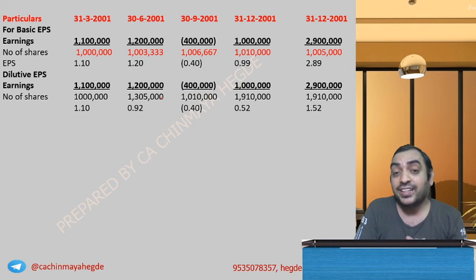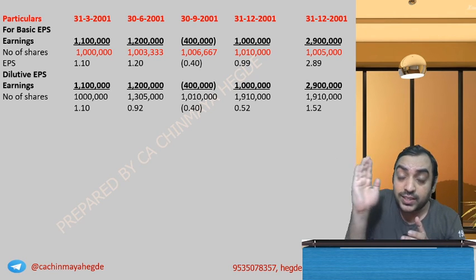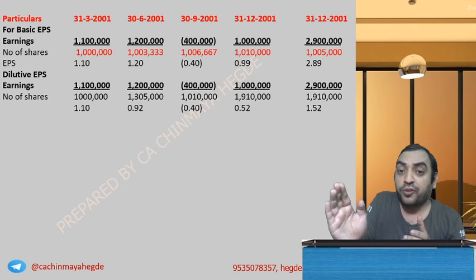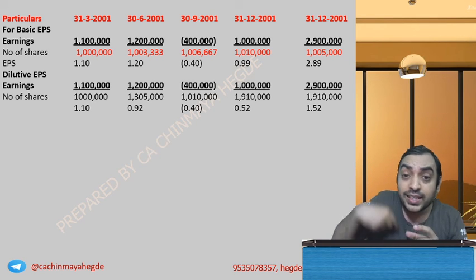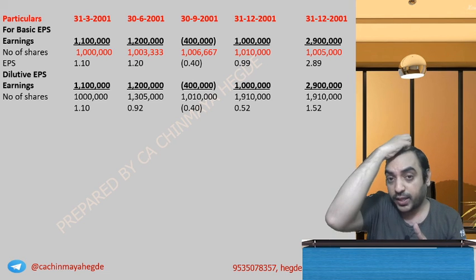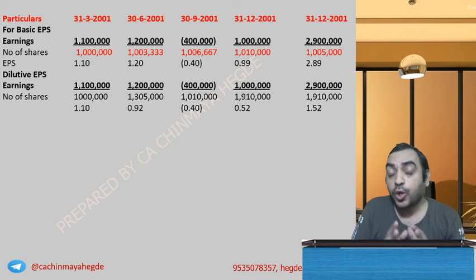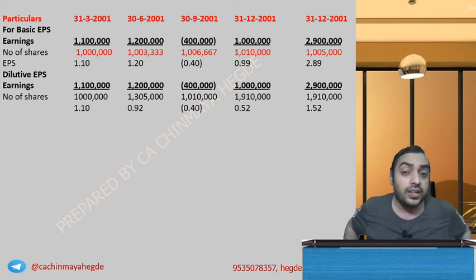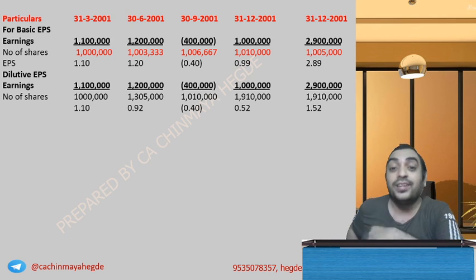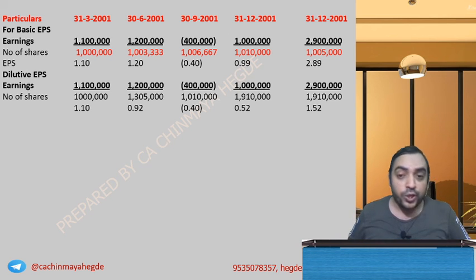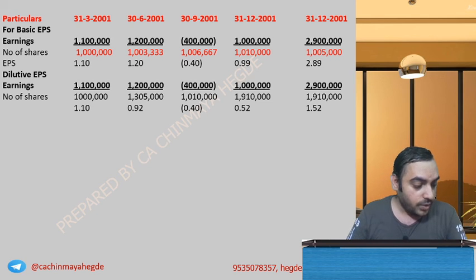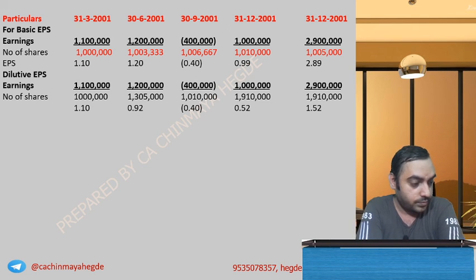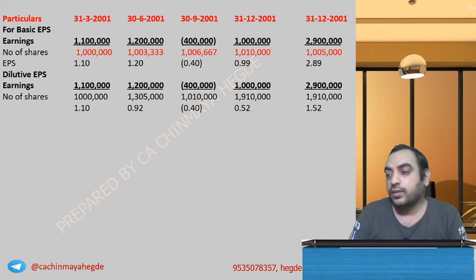But to comment whether it is a dilutive effect or anti-dilutive effect, the loss from discontinued operation should not be considered. Without considering the loss from discontinued operation, if the EPS is dilutive it is reported, if anti-dilutive it is not reported. Only to comment whether it is dilutive or anti-dilutive in nature, the loss from discontinued operations is to be eliminated. Okay, hopefully you got the point. Are you clear with respect to the EPS?